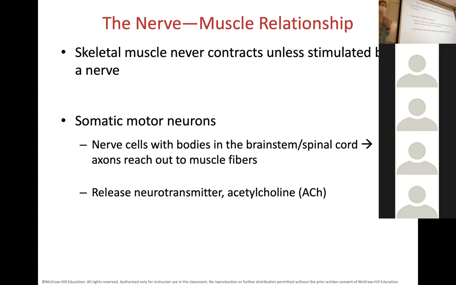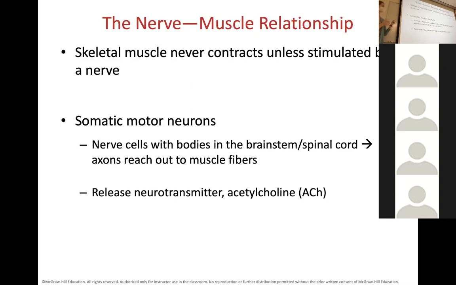So I just need to touch on how the nerve-muscle relationship works. This will be really brief, kind of an intro to a little bit of nervous system stuff. Our muscles don't contract unless a nerve actually sends a signal to our muscles to contract.